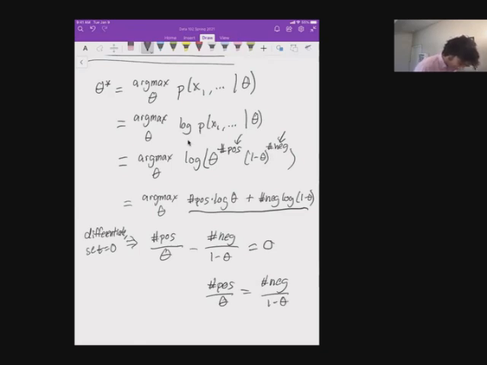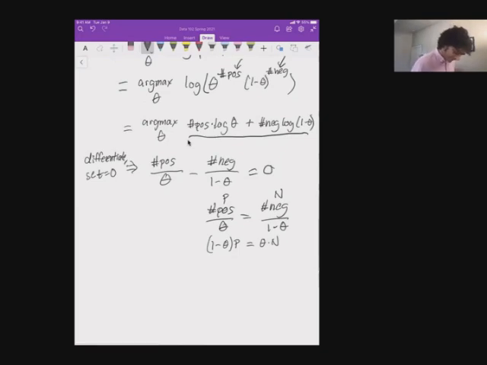I'm going to start calling the number of positives P and the number of negatives N. So (1 minus theta) times P equals theta times N. If I keep going, I get P equals theta times N plus theta times P. I'm bringing this term over to the other side, and behold, I get theta equals P over N plus P.